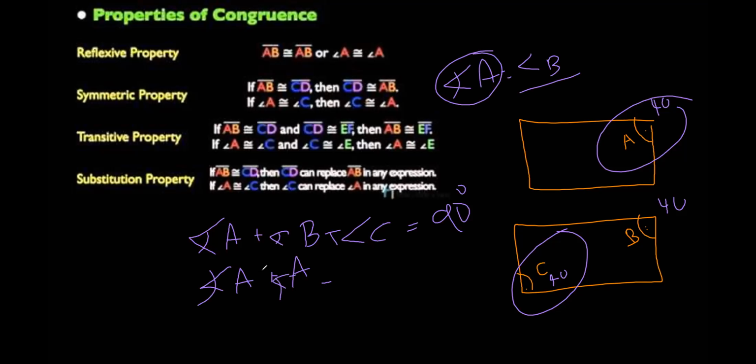Yes. This one we call substitution: if the two are equal, you can substitute or replace one with another in an expression. Teacher, can you repeat the last one again?